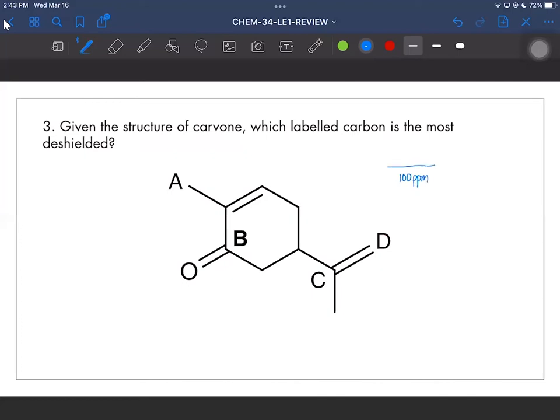So signals less than 100 ppm, these are usually sp3 carbons. The ones on the right are usually sp2 carbons. So usually yung sp3 carbons natin are very upfield, relatively more upfield than the other types of carbons.